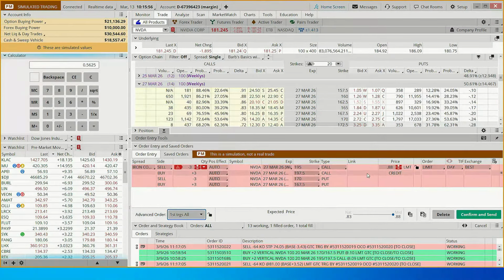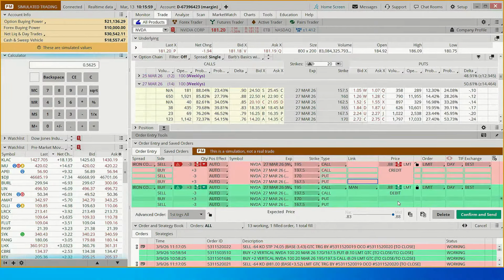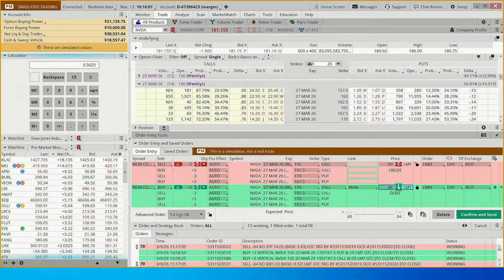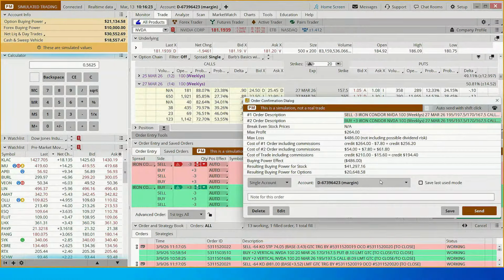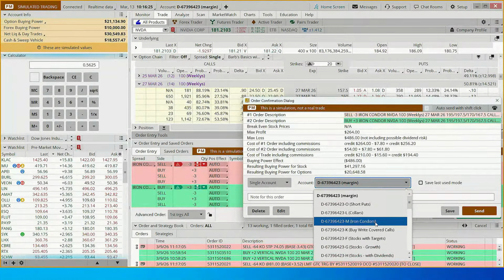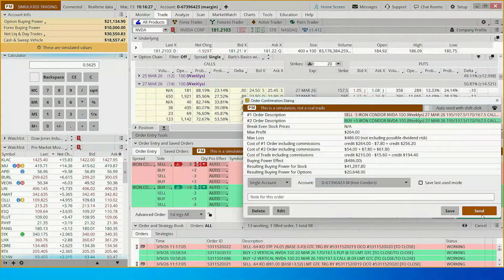I'm going to right click, create an opposite order and say, hey, when this entire thing is worth about 16 cents, 17 cents, let's buy it back. So if I take 88 times 0.2, that's 17.6. So we could make it 18 cents. Okay, and we're going to put this in our iron condor bucket.